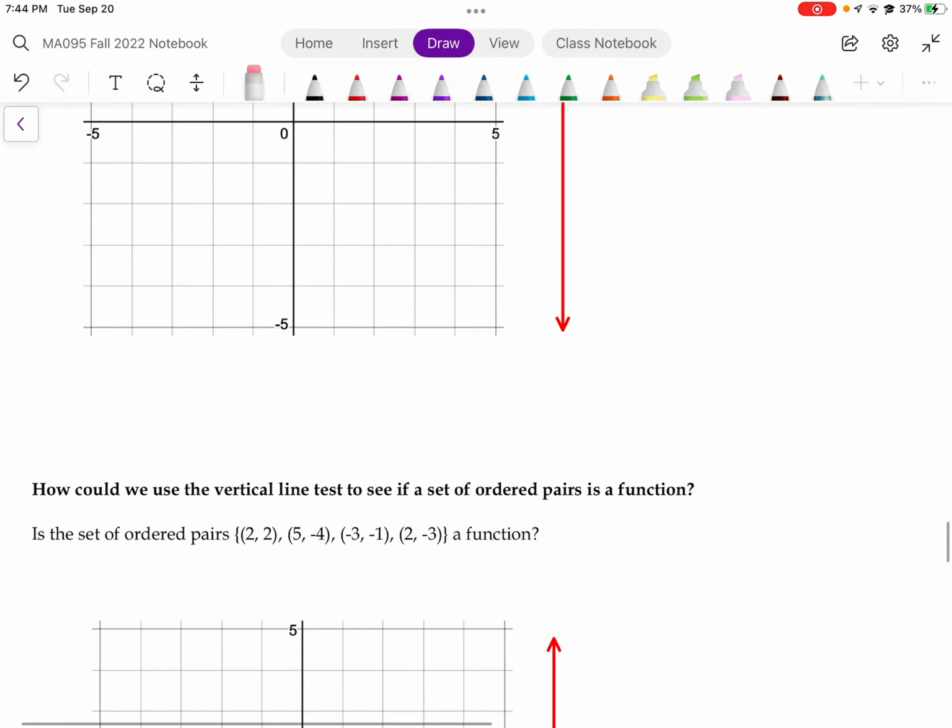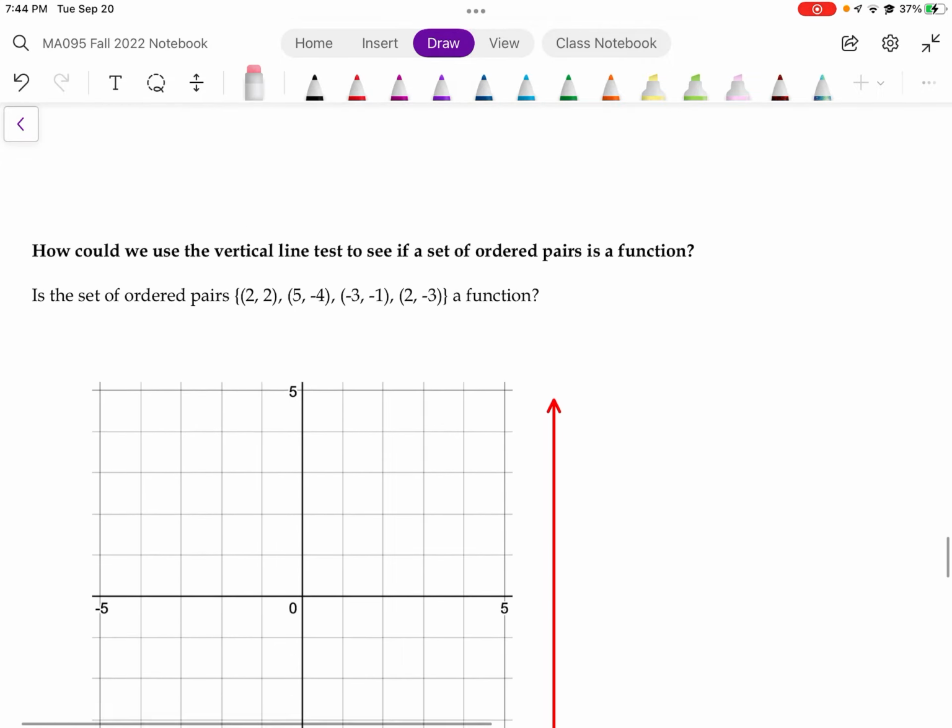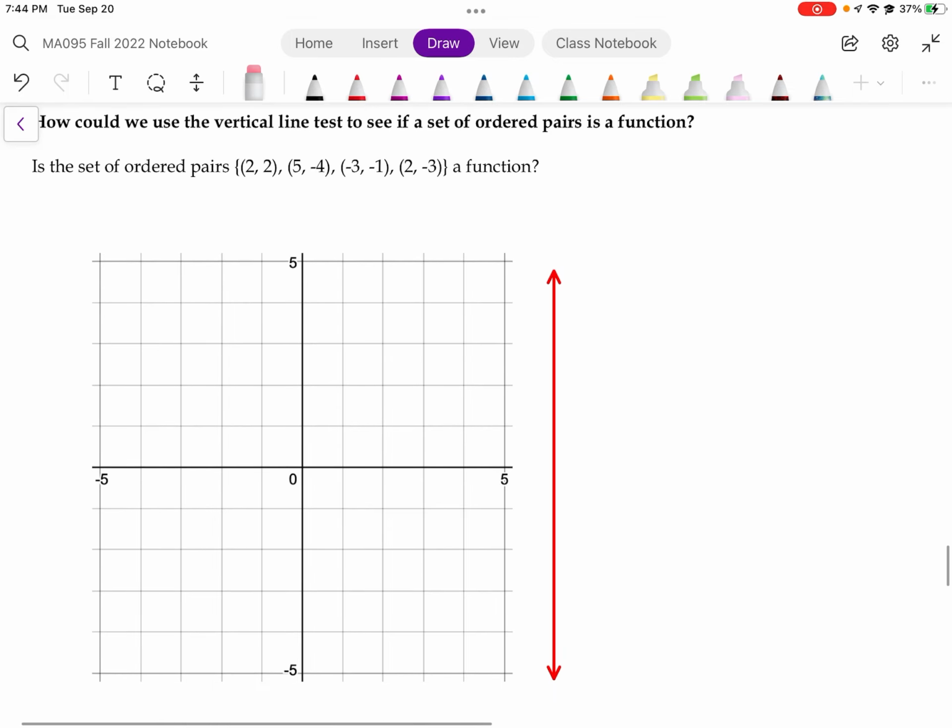All right, so how could we use the vertical line test to see if a set of ordered pairs is a function? What you want to do is graph each one. So I'm going to go (2, 2), and I'm going to go (5, -4), and (-3, -1), and (2, -3).